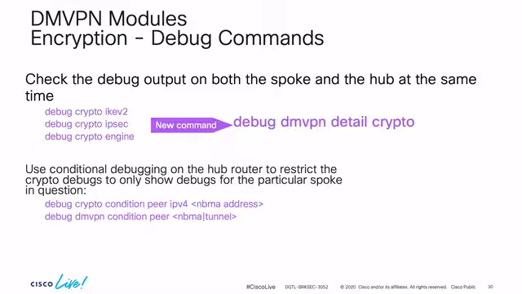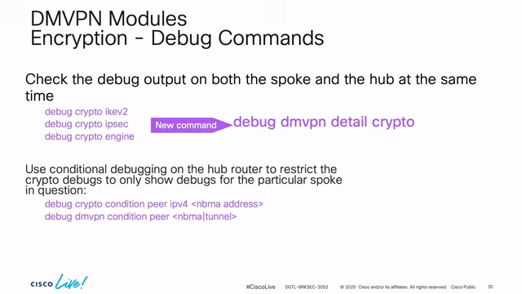And this command is debug DMVPN detail crypto, which again was introduced in 12.4(9)T.